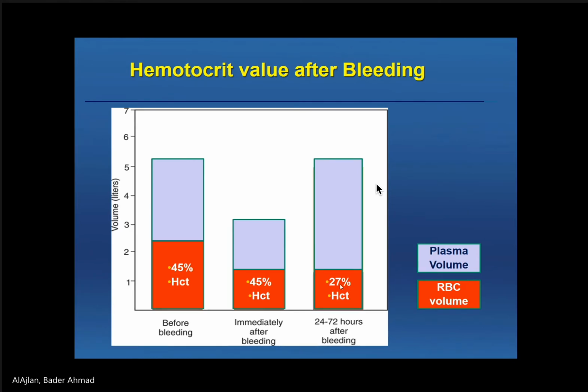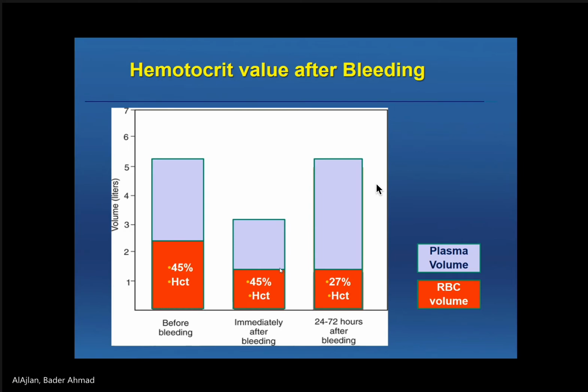So the message here is that the CBC sometimes can fool you. It might need time to show you that he dropped his blood or dropped his hemoglobin. Because after 24 to 72 hours, the plasma volume picks up again to its normal range, but the RBC, as you know, needs a process to catch up and normalize later on, using the iron and the storage and all of that, so it can produce more.